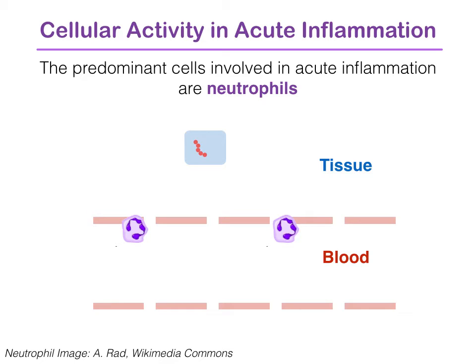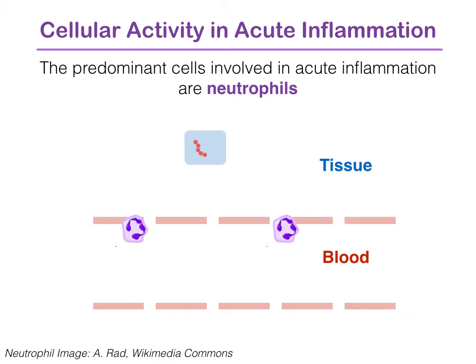Beta-2 integrin is an important one, and ICAM, a cellular adhesion molecule, anchors them to the endothelium. And then this really groovy process of diapedesis happens, where the neutrophils clamber their way through the gaps in the endothelium.